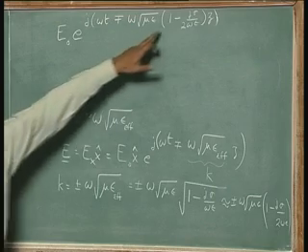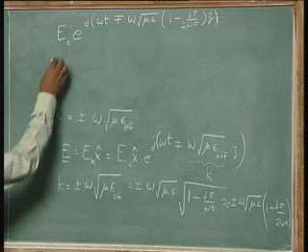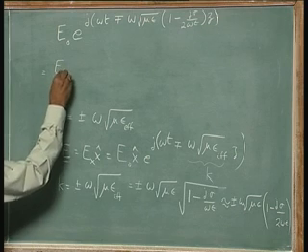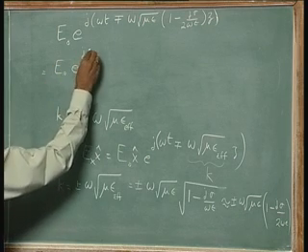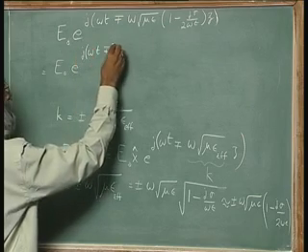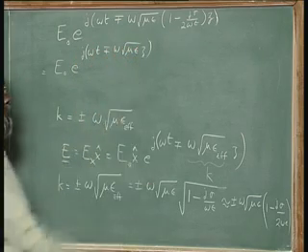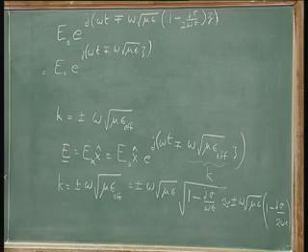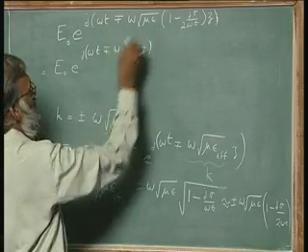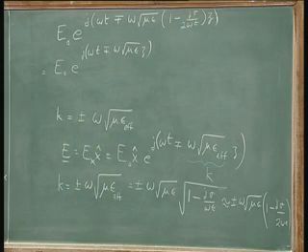Now, I am going to take these two terms apart and let us write it out separately. So, it is equal to E naught e to the j omega t minus plus omega root mu epsilon z, and then I have this term which is minus j squared is minus 1.